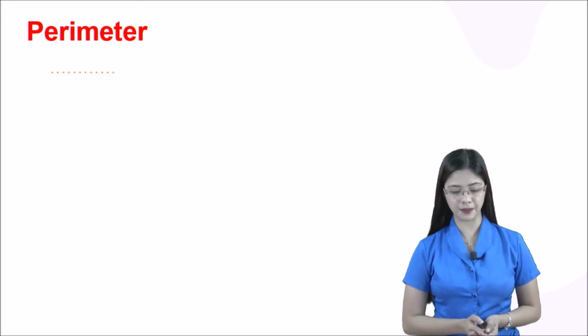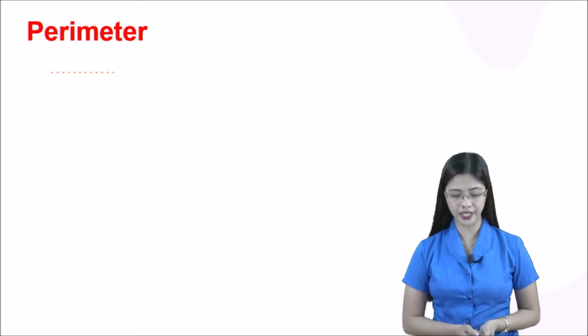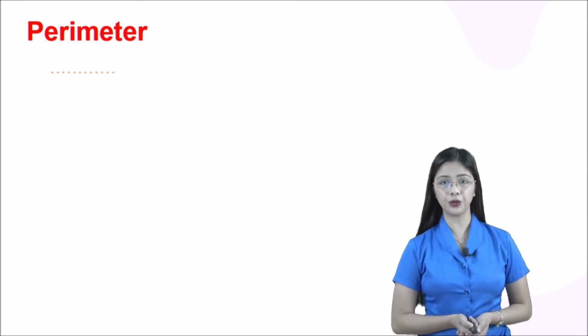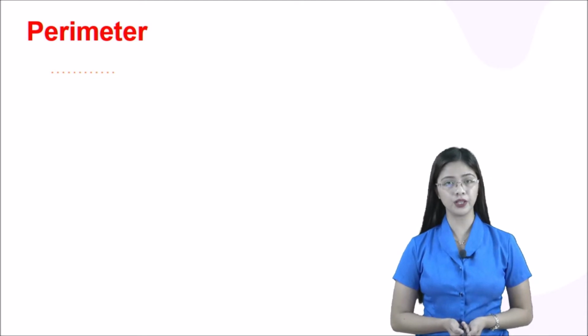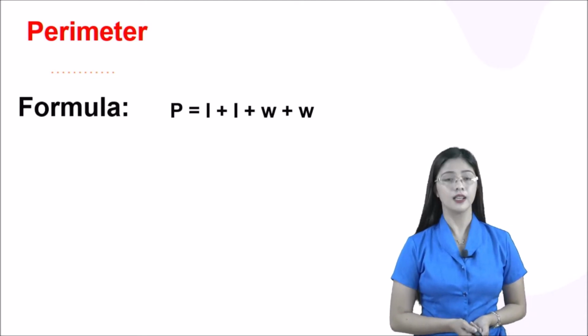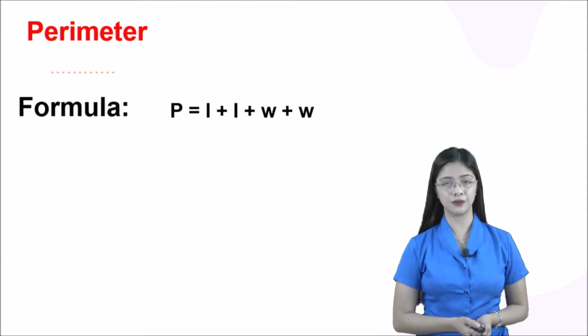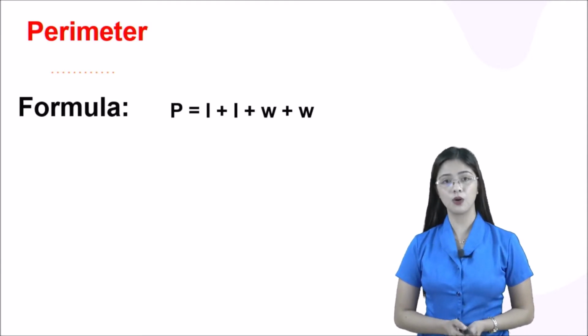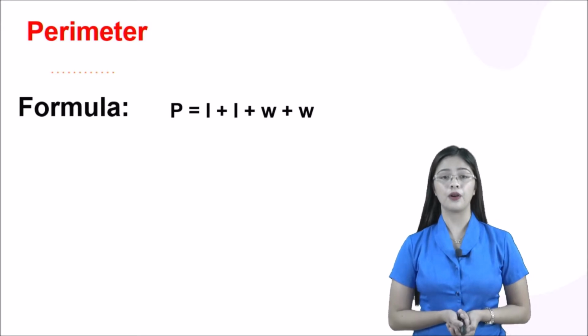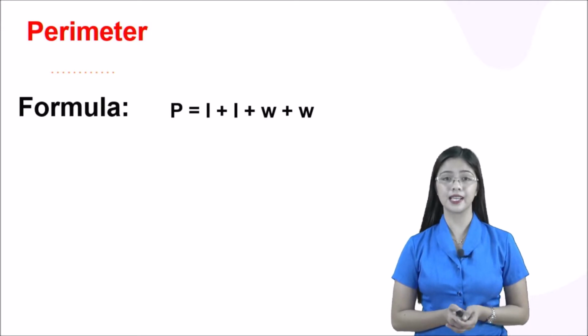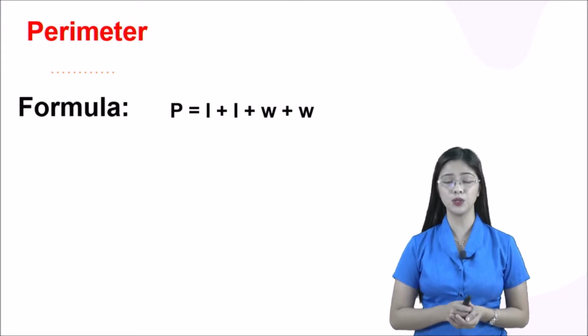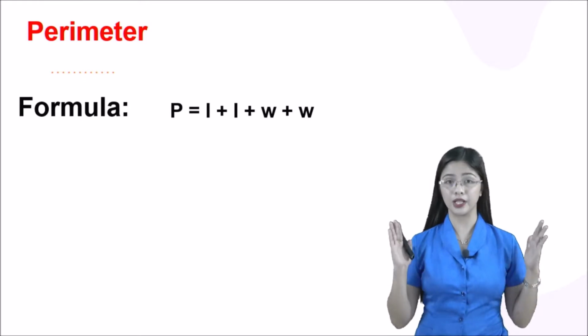So to find the perimeter of the bulletin board, we need to have our formula. And our formula to get the perimeter is P is equal to L plus L plus W plus W. So what does L represent? L represents the length, okay? The two lengths of the bulletin board.